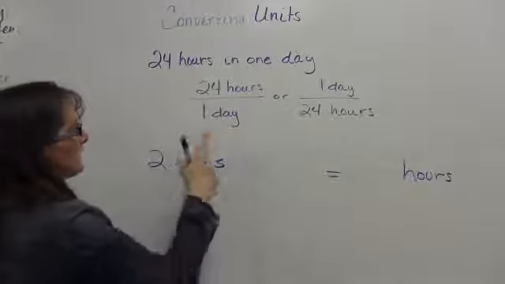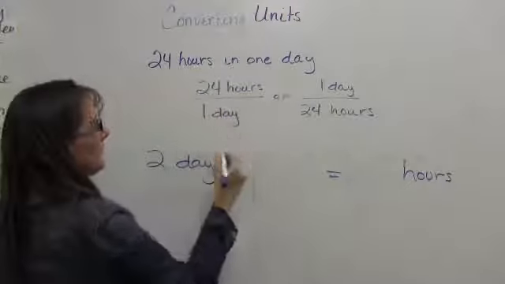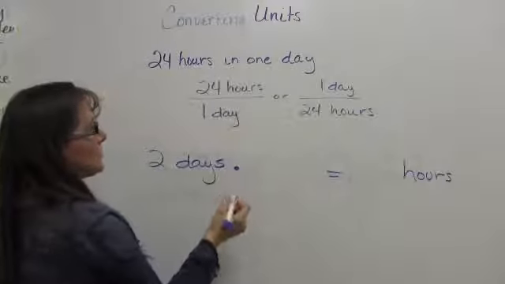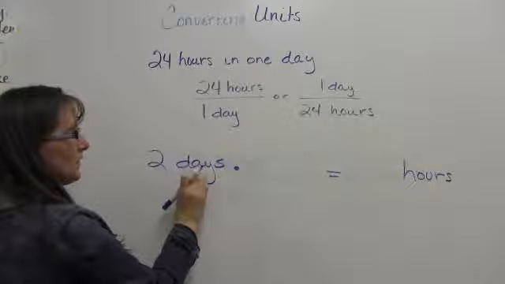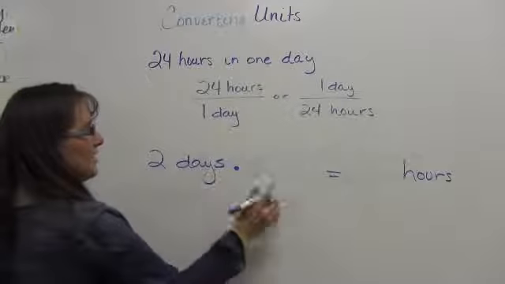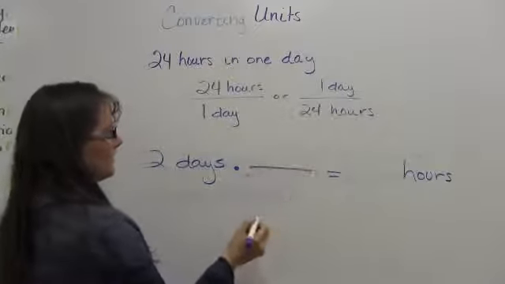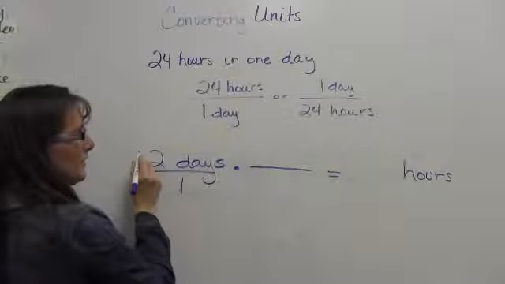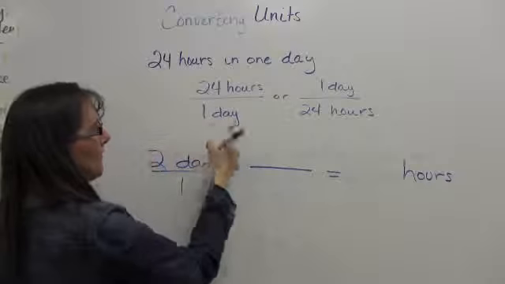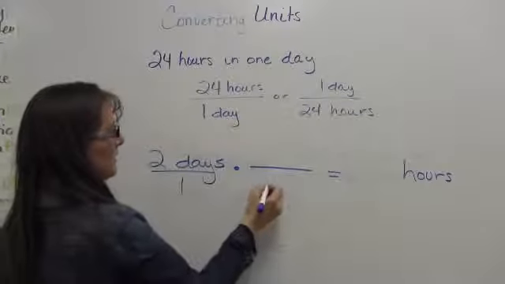Well, I know that I'm going to use this conversion factor. The key here is to make sure that the unit you want to convert is in the denominator of the other fraction. So if I have days on top as my numerator here, I'm going to want to have days on bottom here.